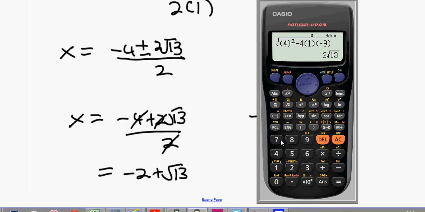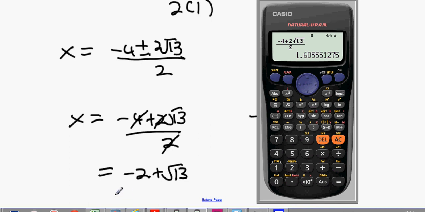So you can always say minus 4 plus 2 root 13 all over 2. And we see that's minus 2 plus root 13. Change it to one decimal place. It's going to be 1.6.